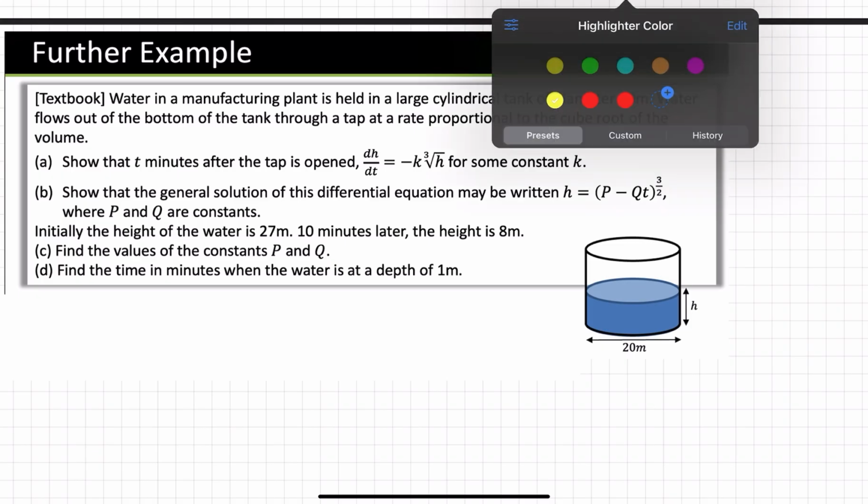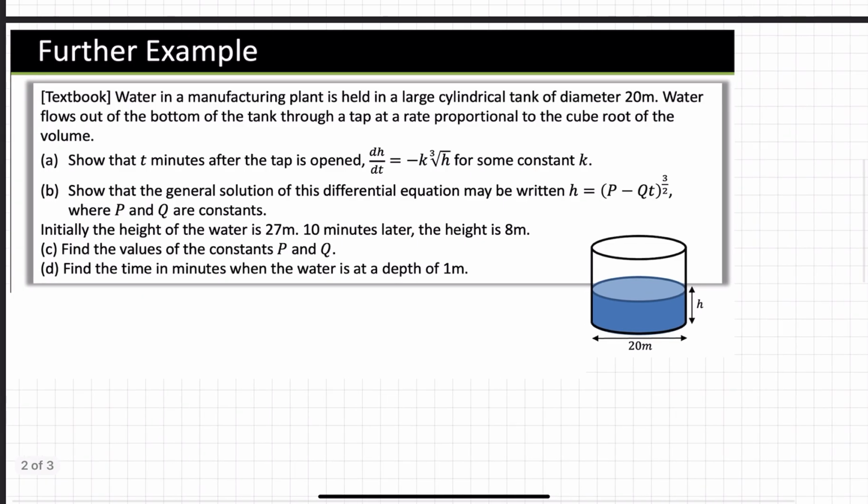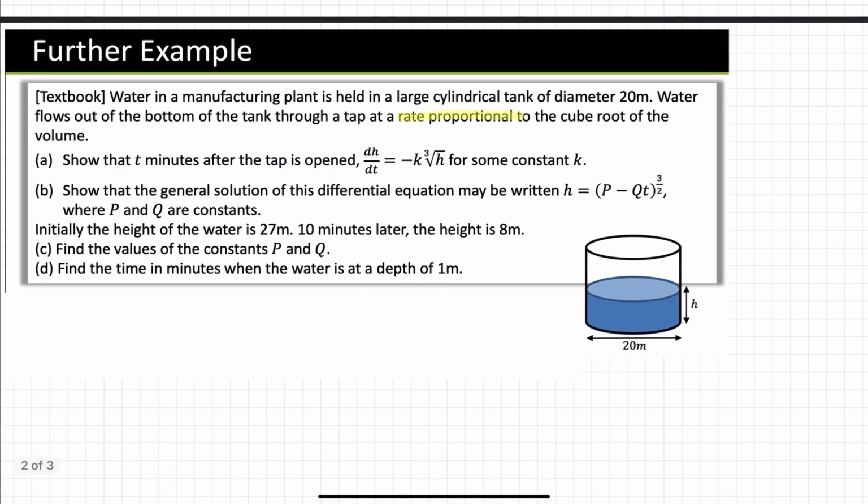Okay, that's probably going to be important in a moment. So t minutes after the tap is open, dh/dt equals minus k cube root of h for some constant k.